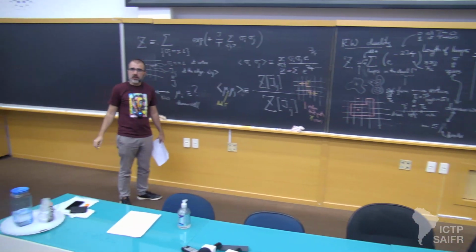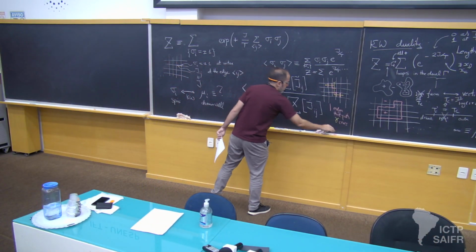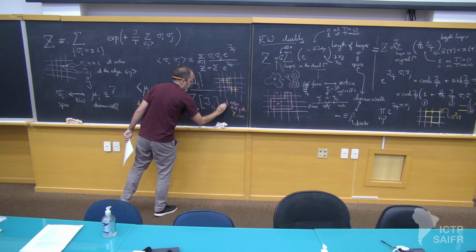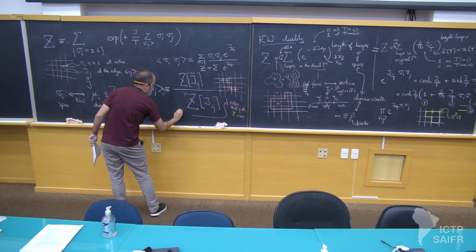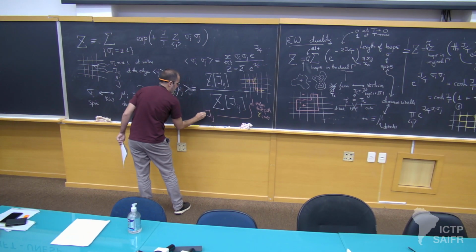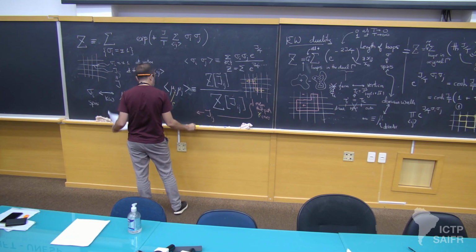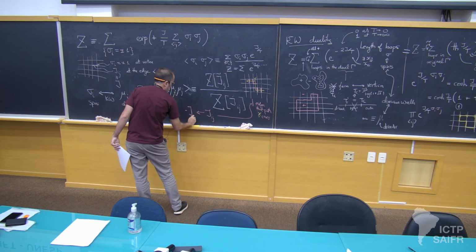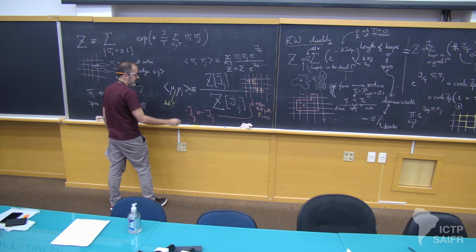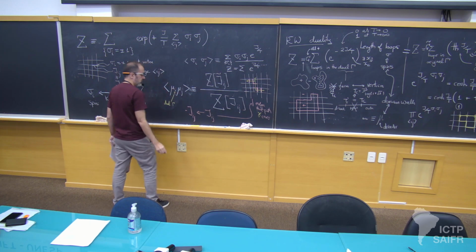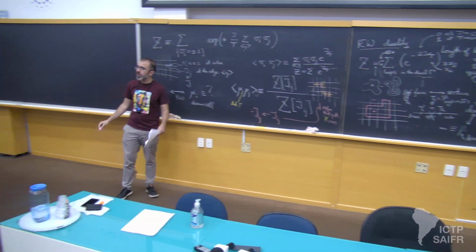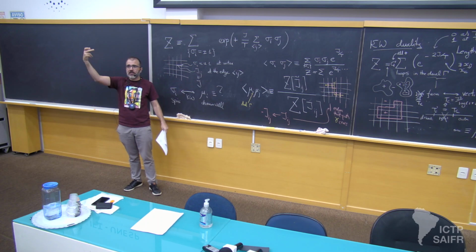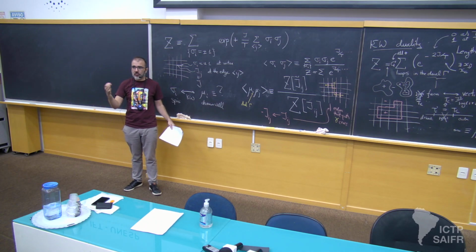And then in those edges, J_ij is replaced by minus J_ij. And that's the definition of this J tilde. J tilde is the same couplings except at those edges you flip the sign.